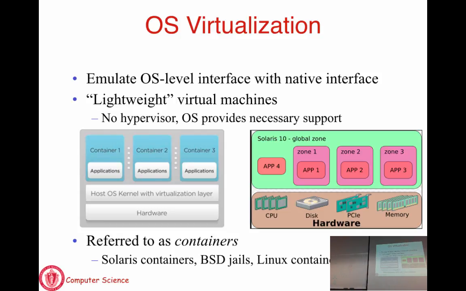It will continue to run even though in version 10 maybe the system call interface has changed. Things will not break. You don't need to port the application. You can just say that inside this zone, pretend like you are an older version of the kernel. And so each of these could have a different kernel version. You could of course say pretend like you are a different kernel altogether. In that case, you have to re-implement the system call interface using the native one. Some containers might do that, but the simplest use case is where you have backward compatibility.